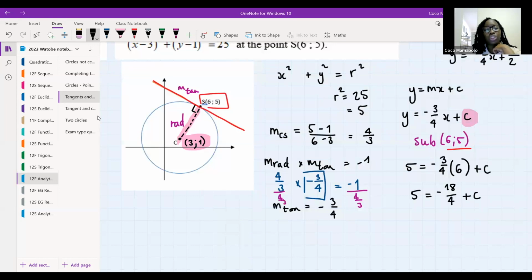Because I want to isolate c, I'm going to take -18/4 to the other side. That gives me 5 plus 18/4 is equal to c. Put this into the calculator and it will give you the answer, 19/2. Therefore, c is equal to 19/2.